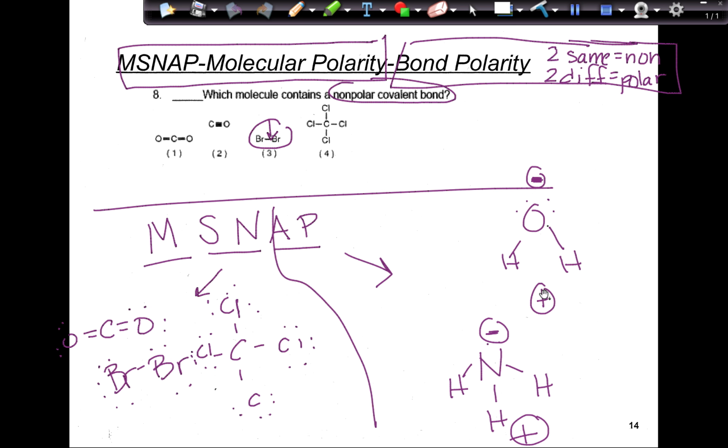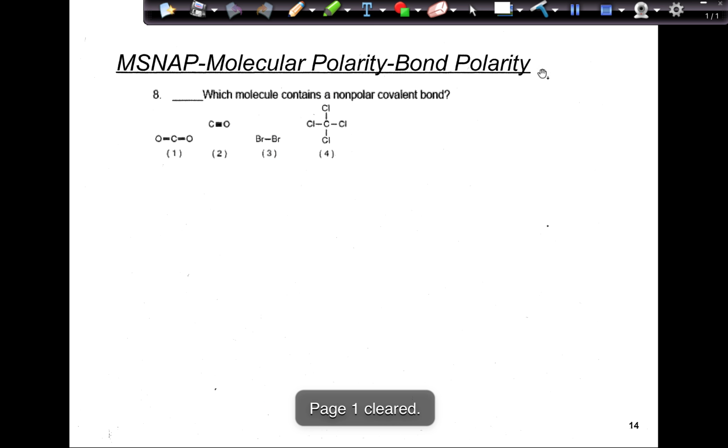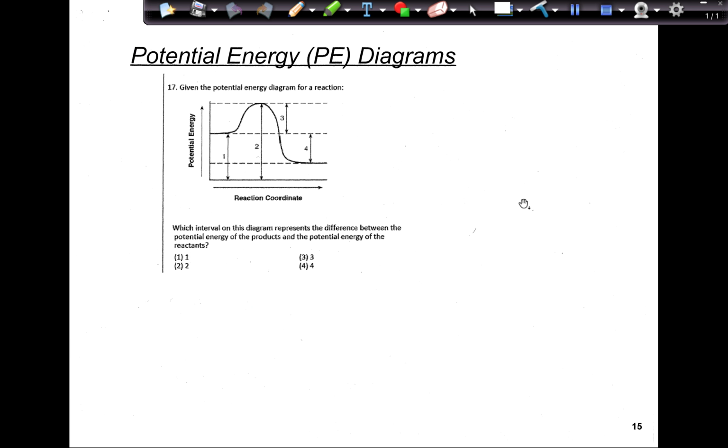Higher electronegativity gets the negative side, lower electronegativity gets the positive side. Remember also that like dissolves like, so that things that are both polar molecules will dissolve in water. Things that are both nonpolar molecules will not dissolve in water, but will dissolve in each other.